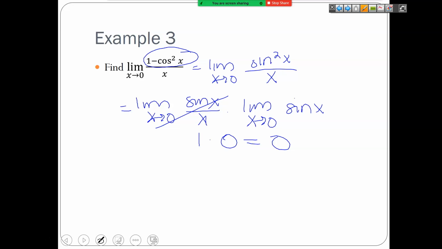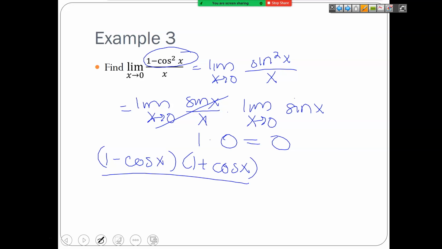Now, that's one way to do this. I actually thought in my head the first time I did this problem that the 1 minus cosine squared x was a difference of squares. So I, in my head, made it 1 minus cosine x, 1 plus cosine x.